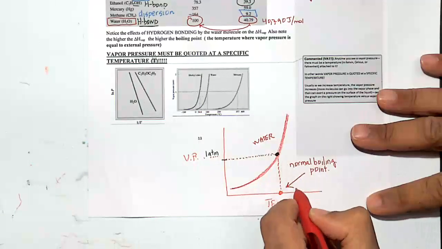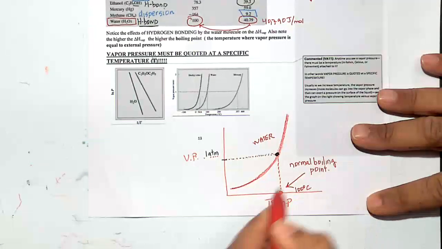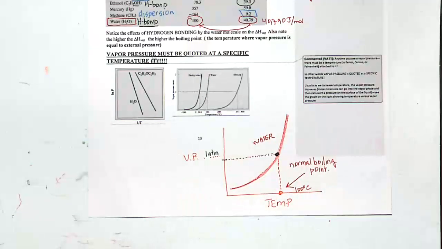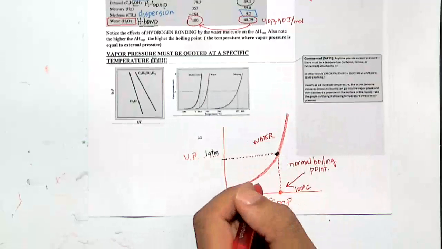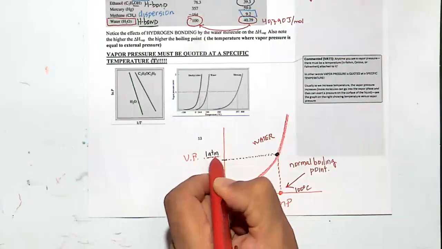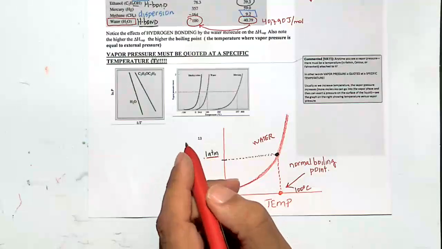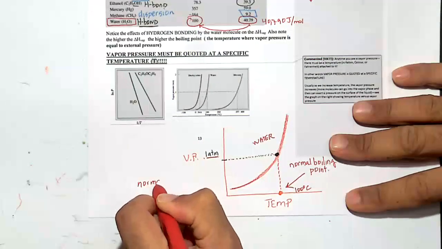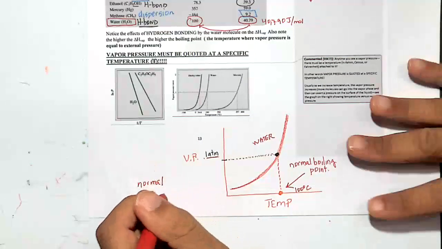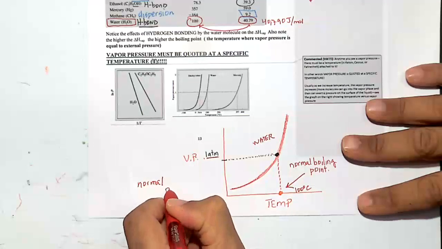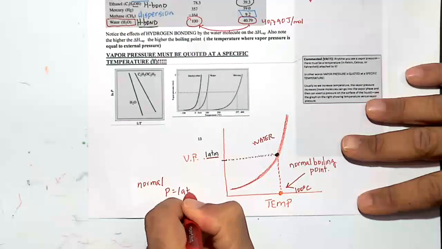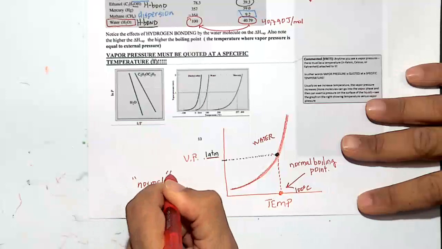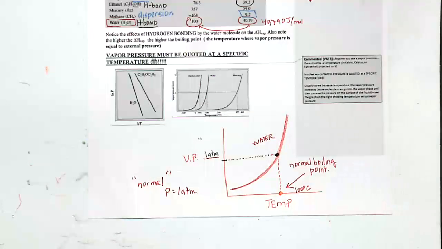What would the normal boiling point of water be? 100 degrees C, just as life experience tells you. This is just the boiling point when your vapor pressure is 1 atmosphere. Whenever you see the word normal in chemistry, normal means the pressure is 1 atm. That's just the vocabulary they use.